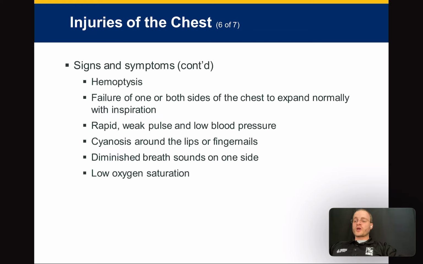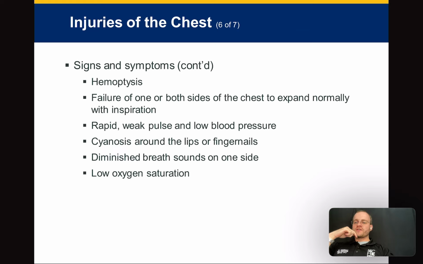It's the medical word for coughing up blood. Okay. Failure of one or both sides of the chest to expand normally with inspiration. Rapid weak pulse and a low blood pressure. Cyanosis. What's cyanosis? Bluish tint of the skin. So you can get bluish tint of the skin, also known as cyanosis, around the lips and on the fingernails. That's the first places you'll see it. That's called acrocyanosis in babies.